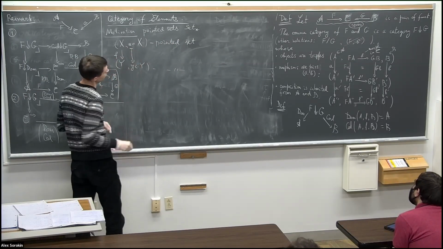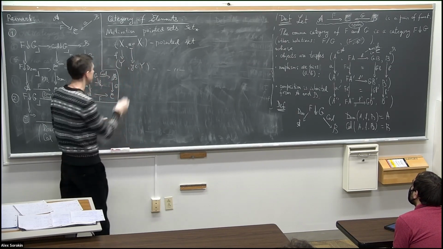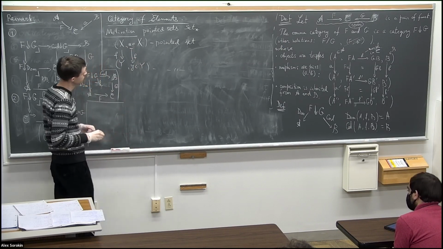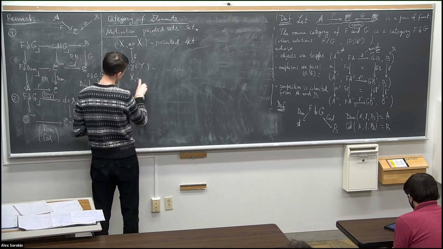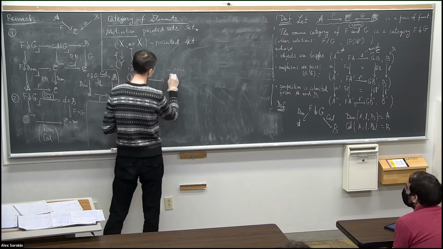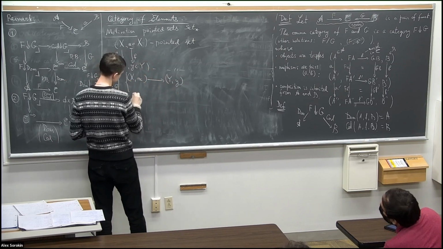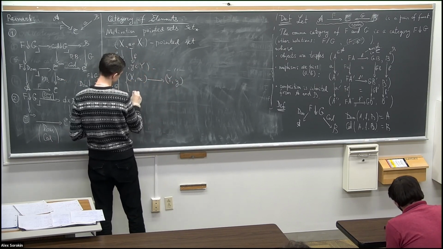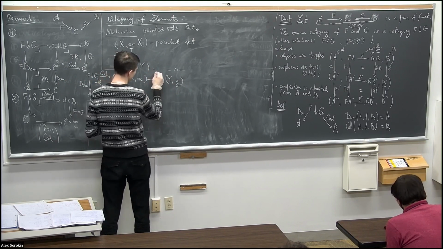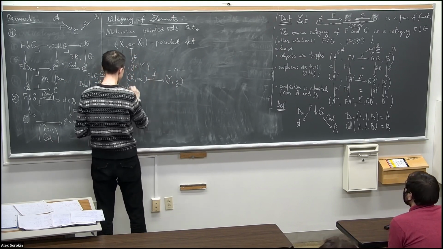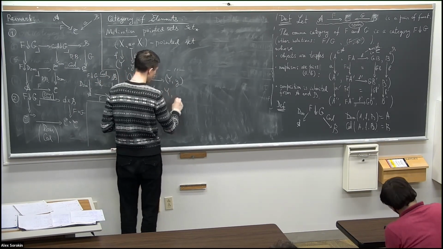Distinguished point under F. So map F is given by a function F.